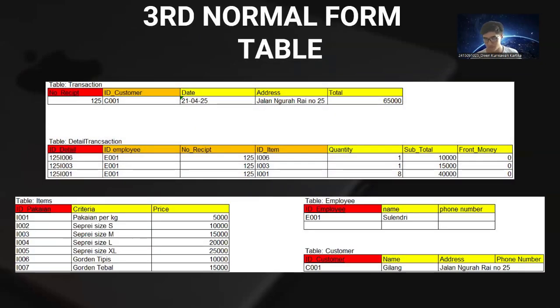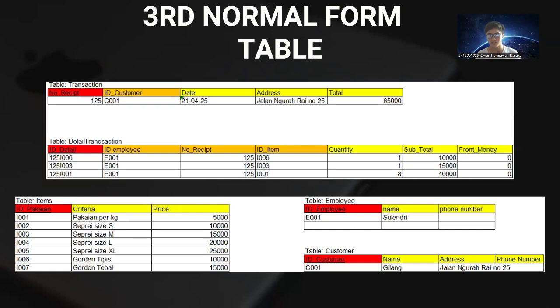In third normal form, we will clean it more. Here, we create a separate customer table with their details. From the name in the previous form, we only used the name Gilang. But if we want to use that data again in the future, the employee doesn't have to make the same data again.